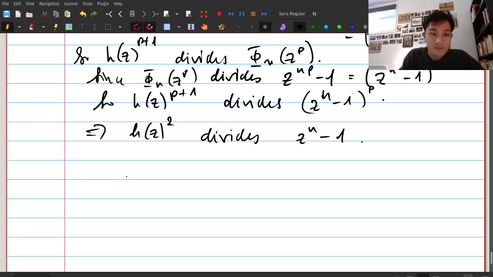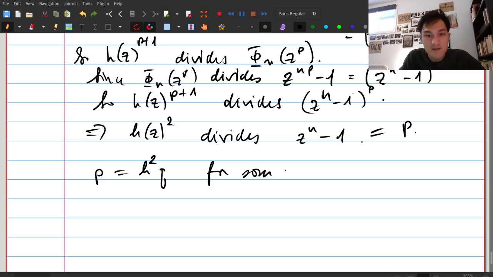All right, so now let's call this polynomial p. Since h squared divides p, p equals h squared q for some q in F_p of z. Let's take the derivative of this.